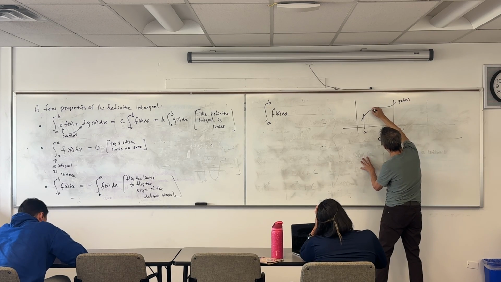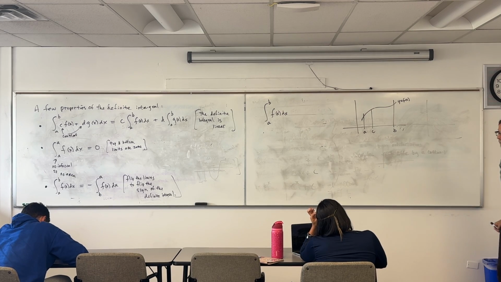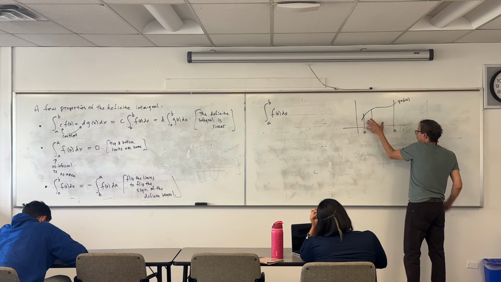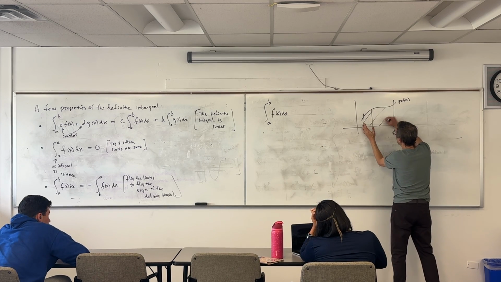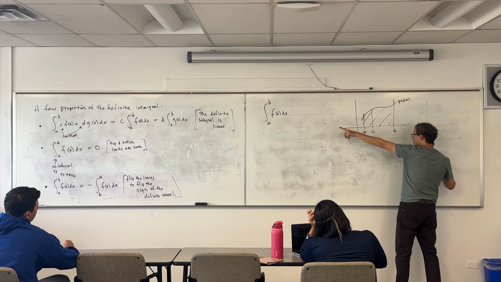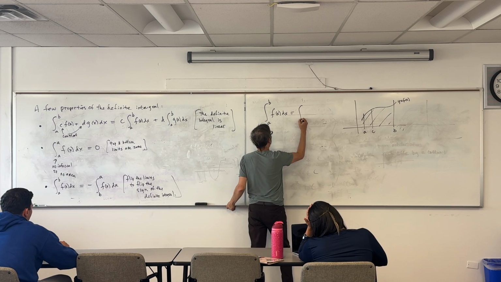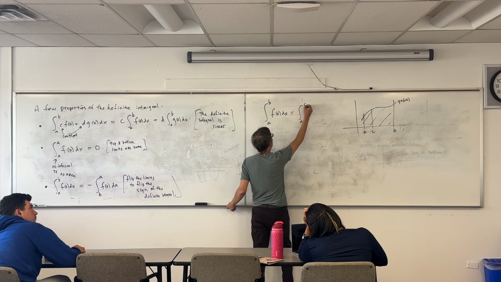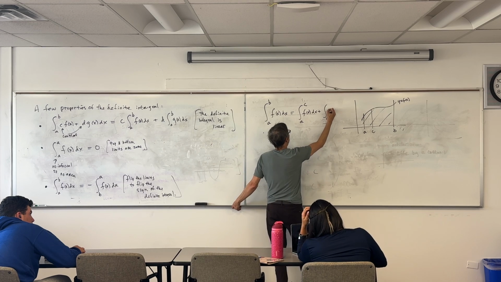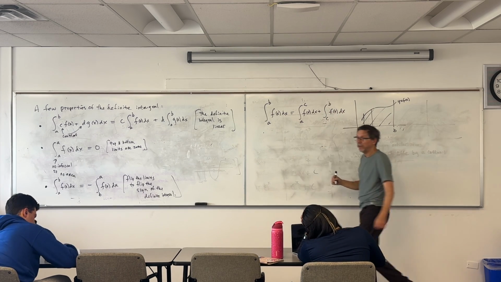I'm going to pick some point between them, c. So what I can do is I can say that this total area here, which is represented by that notation over there, is equal to the integral from a to c of f of x plus the integral from c to b of f of x dx.